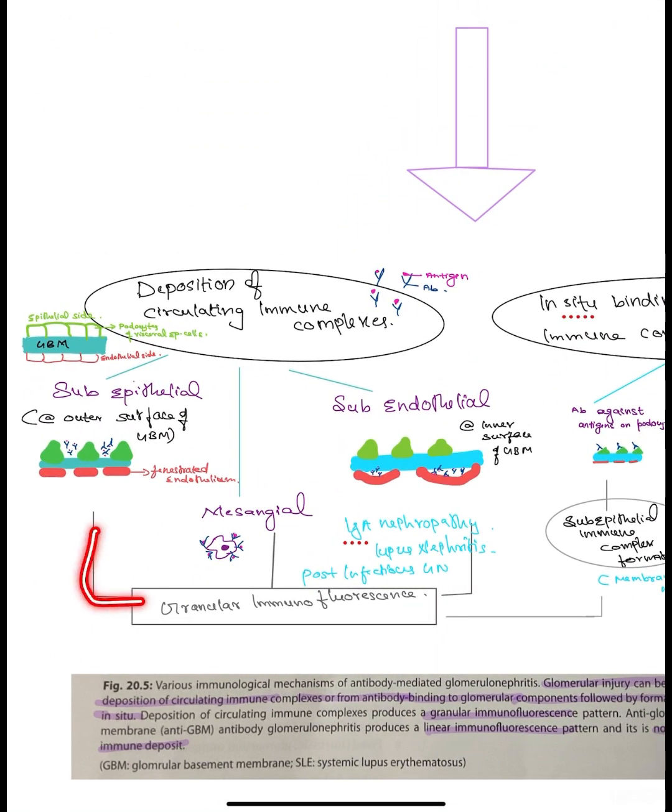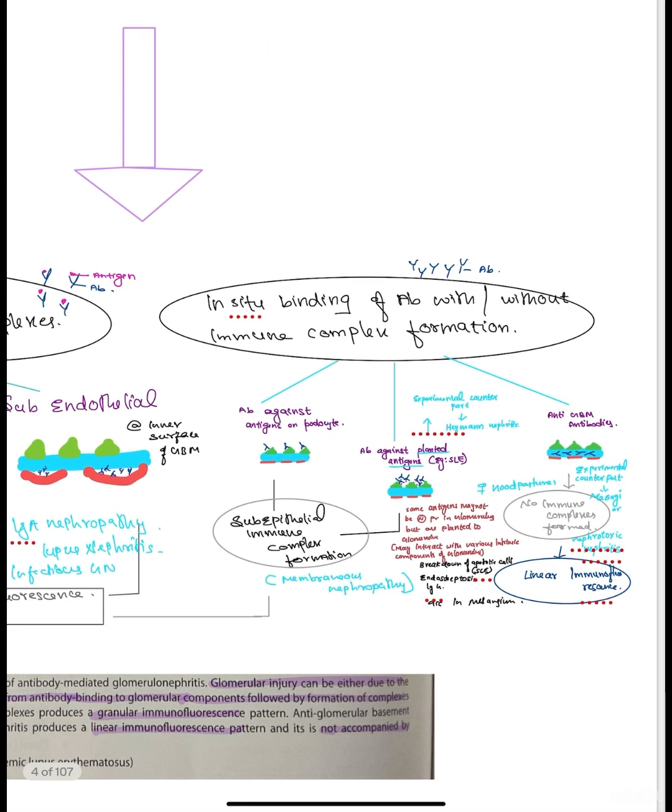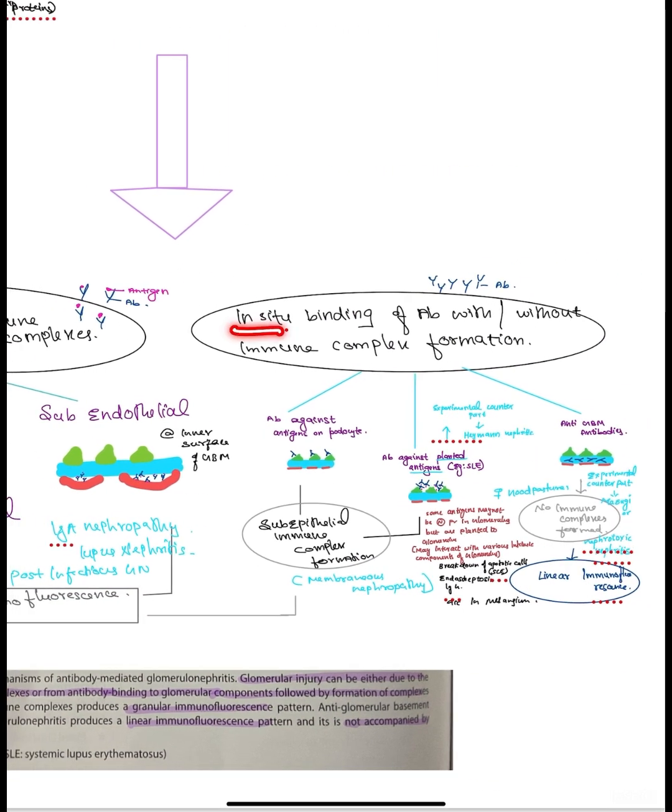All these show granular immunofluorescence. Examples of these deposits are IgA nephropathy, lupus nephritis, and post-infectious glomerulonephritis. Next is in situ binding of antibodies, with or without immune complex formation.